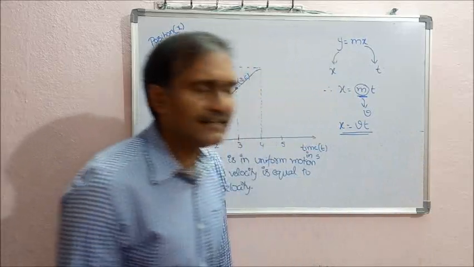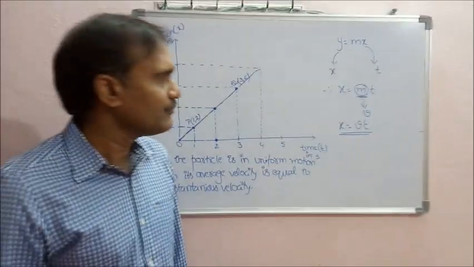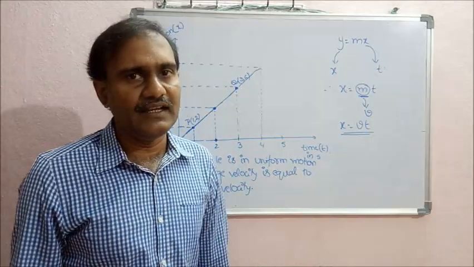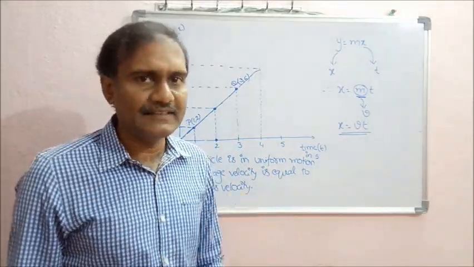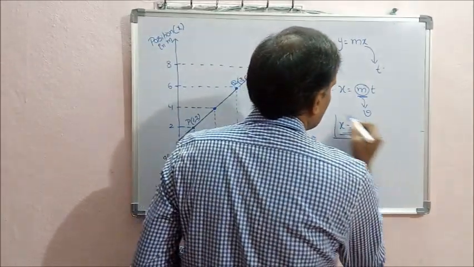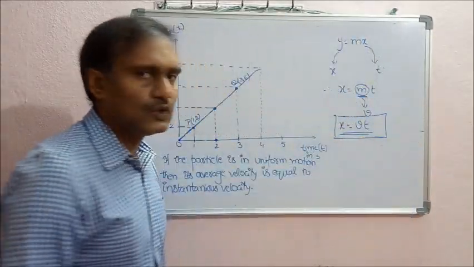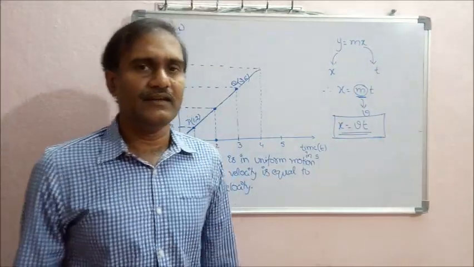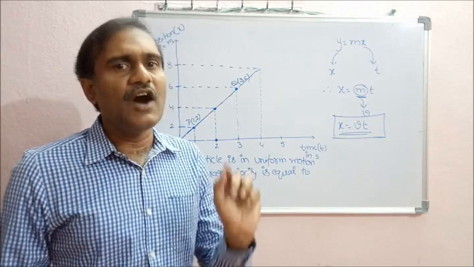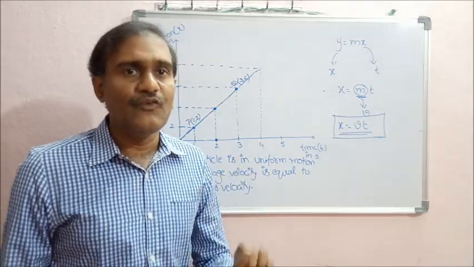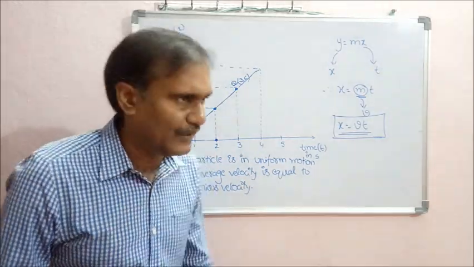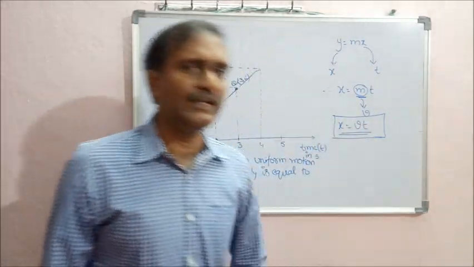If the particle is moving with constant velocity, then its displacement after a time t seconds can be calculated by using the formula x is equal to v t. That is, x is the displacement of the particle after a time t seconds when it is moving with constant velocity v.